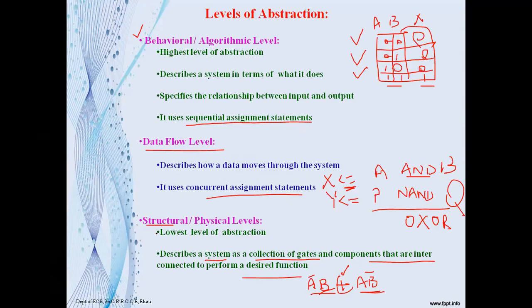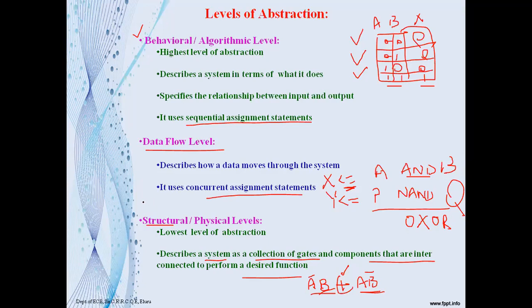So in the structural level of modeling, you are describing the functionality of the circuit with the help of the components. You are using the basic gates, you are using the digital components to describe the digital circuit operation. So these are the three levels of abstraction.